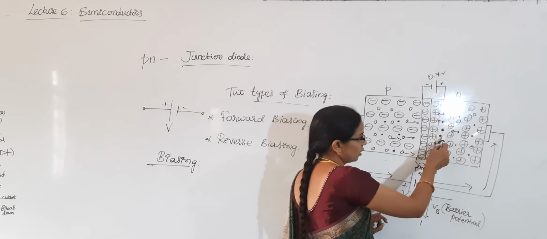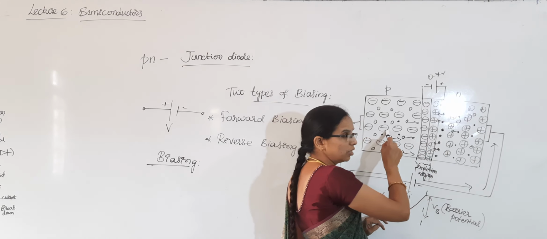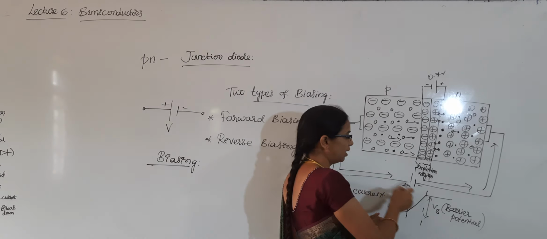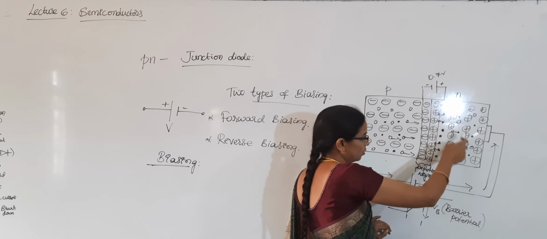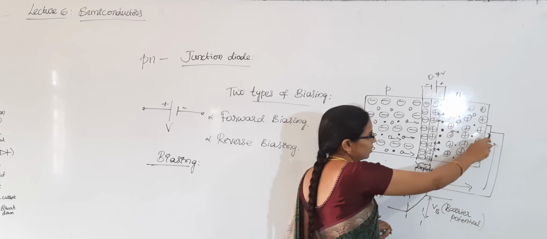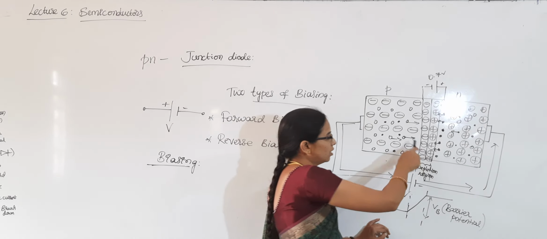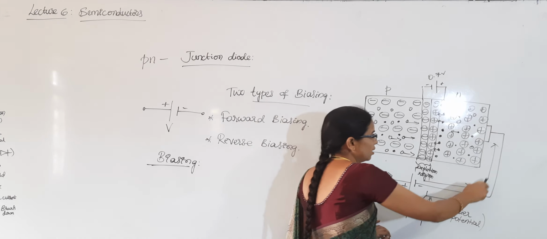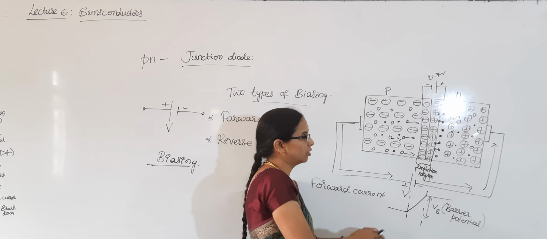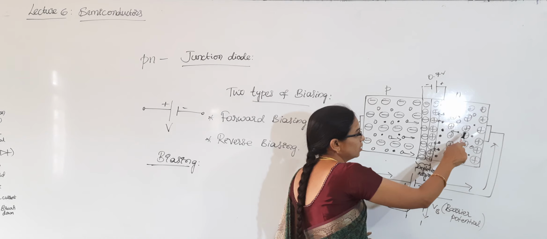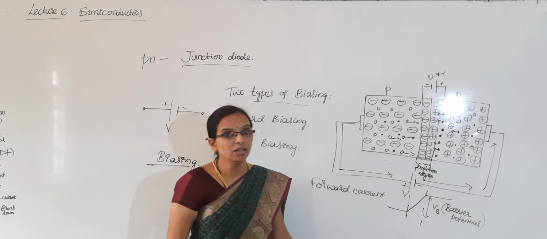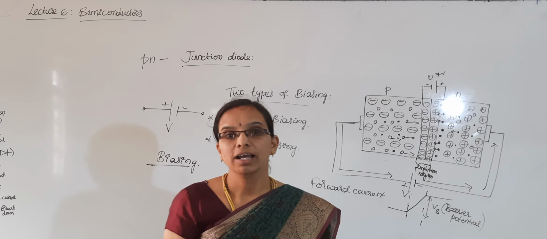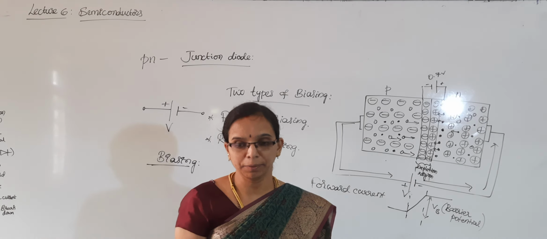Whenever an electron recombines with a hole, an electron from the negative terminal of the battery moves inside, and there is electron movement in the external circuit. There is electron movement in the N region and hole movement in the P region. Because of this, you will get current, that is forward current.